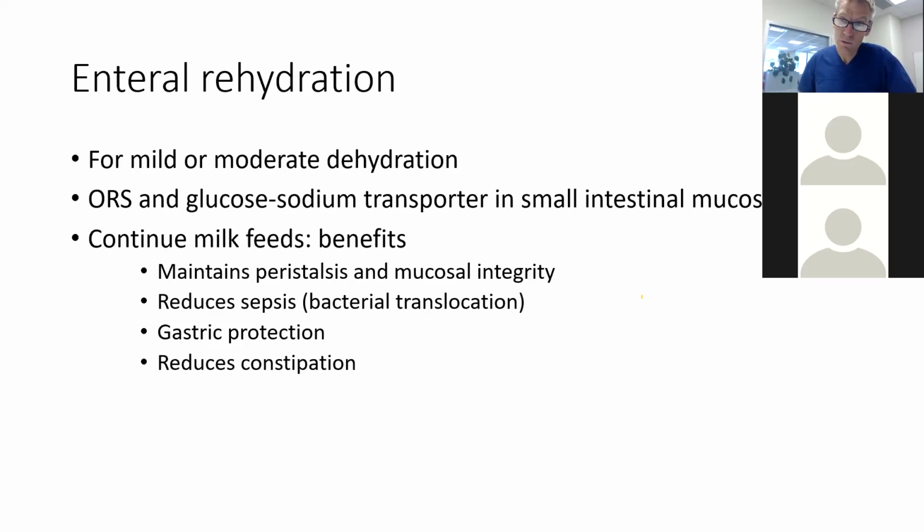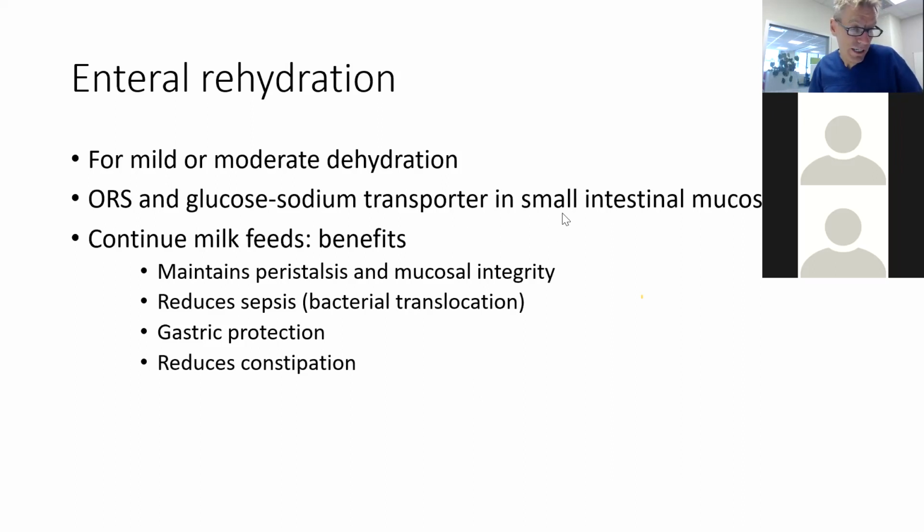If our oral rehydration solution has more glucose in it, then that will actually cause diarrhea. But the World Health Organization oral rehydration solution is worked out with exactly the right amount of glucose to optimize the absorption of water and sodium.